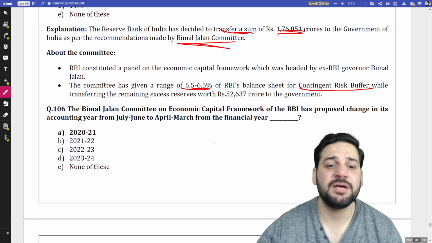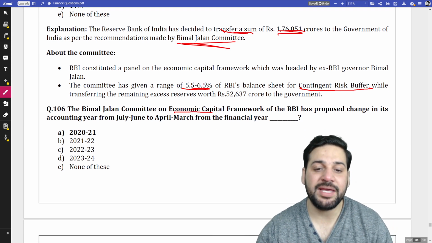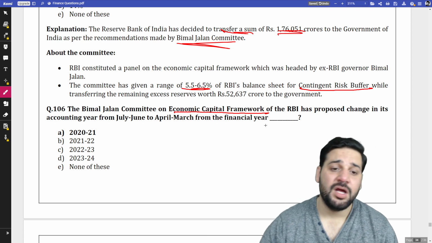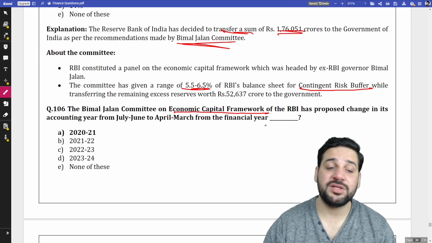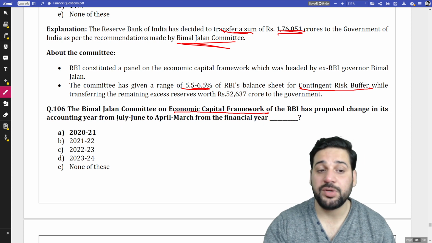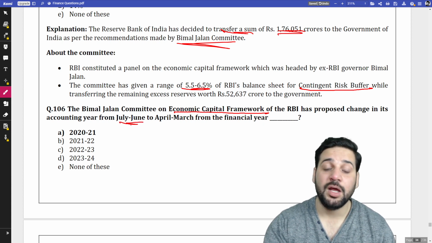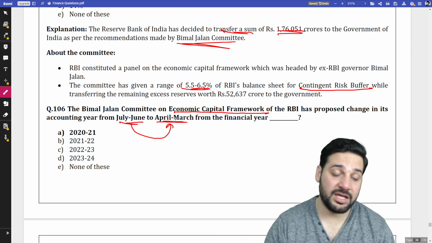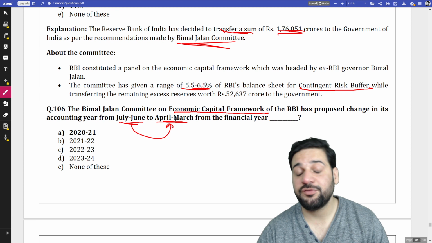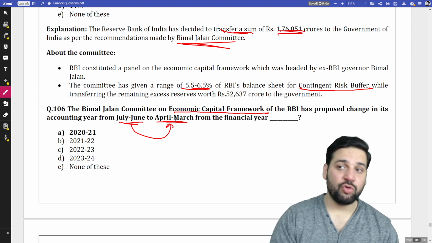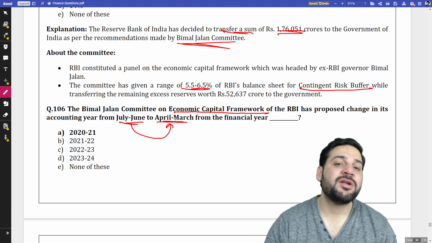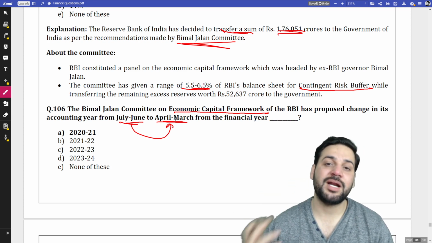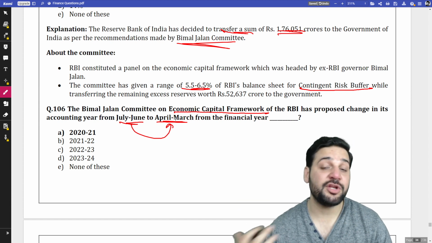The Bimal Jalan committee on the economic capital framework also proposed, and that is another important question, a change of accounting year. Right now, the accounting year of the RBI is July to June. According to the recommendation, the accounting year is to be changed to the normal April to March, so that the government gets the surplus of RBI on time, so that they can actually spend it and make their budgets properly.